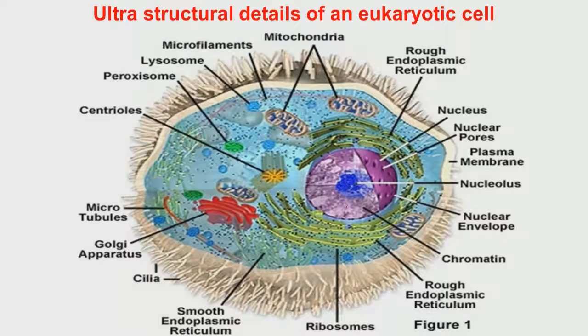This is another fantastic image of an animal cell cross section, where each of these organelles is stained with different fluorescent dyes. As a result, you can see that rough endoplasmic reticulum is stained green, Golgi apparatus appears red, mitochondria you can stain with MitoTracker, which is one of the dyes.